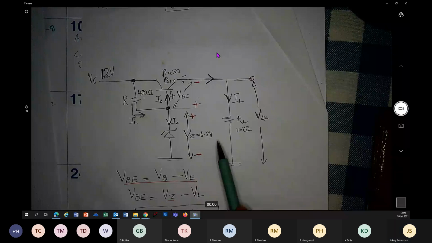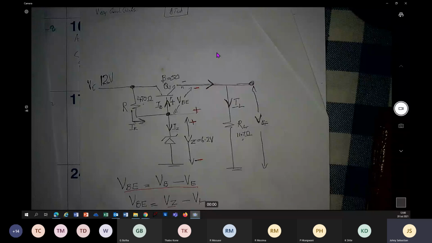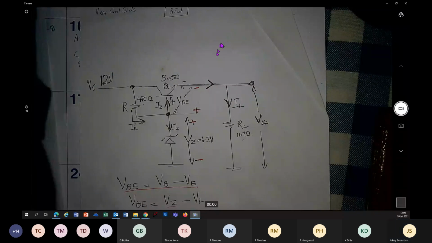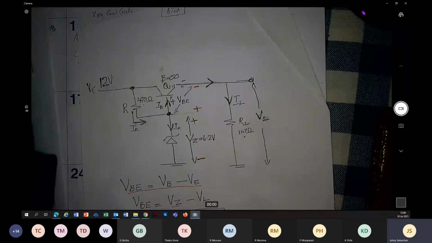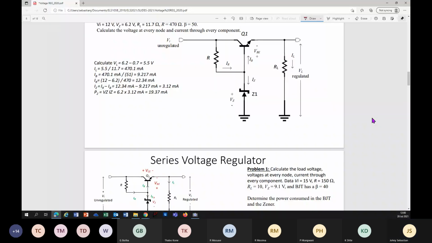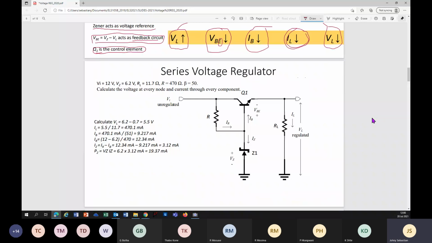Okay. In today's session, whatever we learned in BJTs at DC, the previous chapter, we applied into one of the power supplies, a series voltage regulator circuit.